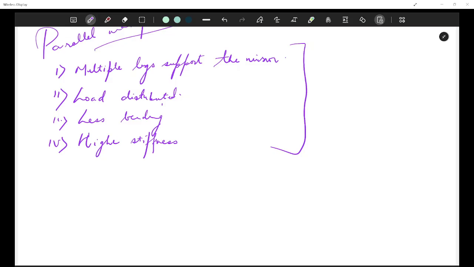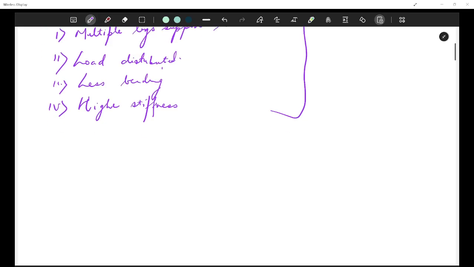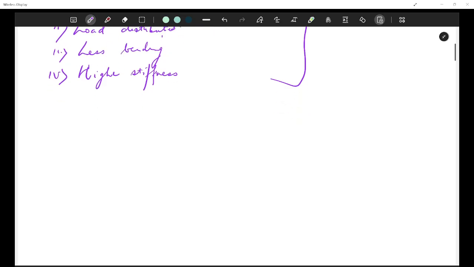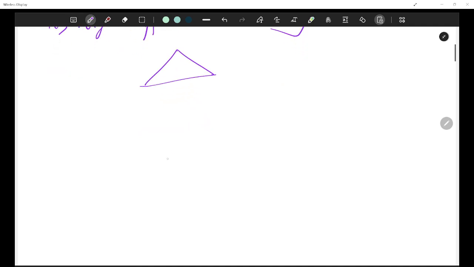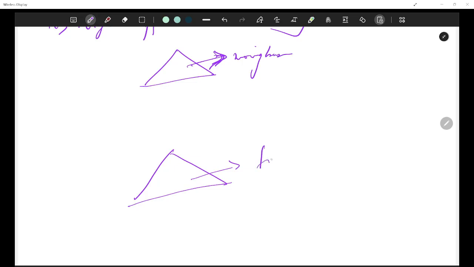Okay. So you might have seen in the lecture, the researchers at IISc Bangalore developed an RPS parallel manipulator. It has a fixed base and a moving base. This is the moving base, which is a mirror, and this is the fixed base. Now they have RPS in between.